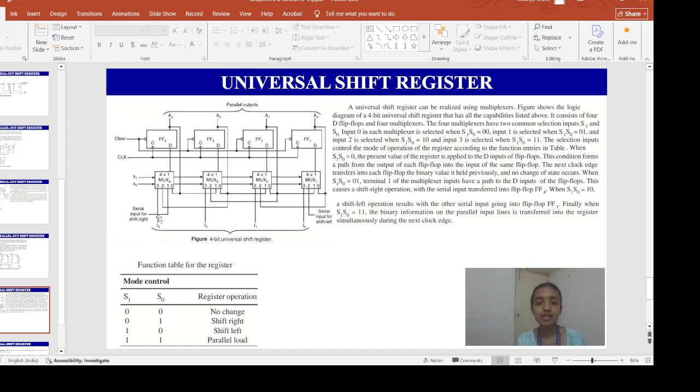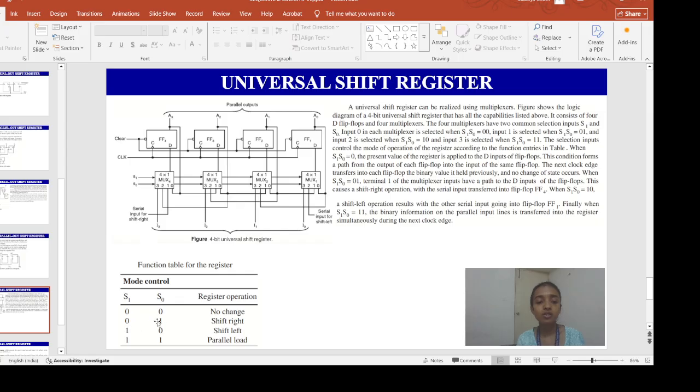Input 3 will be selected when S1 and S0 are both 1, 1. These selection inputs control the mode of operation of the register according to the function entries in the table. When S1, S0 is 0, 0, there is no change; the register operation will be no change.